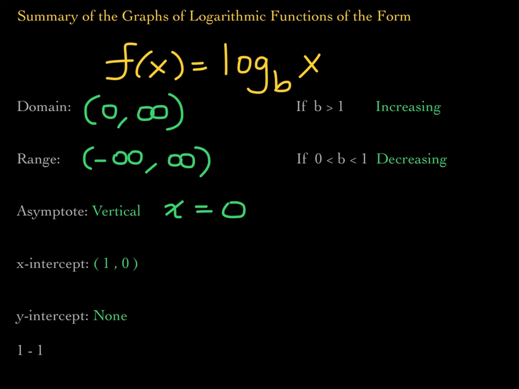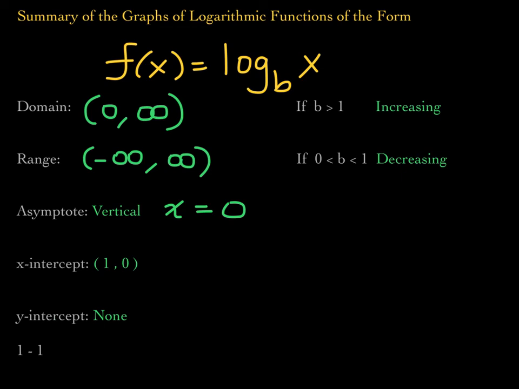And what used to be the domain is now called the range, and what used to be called the range is now called the domain. So although this is the domain for log functions, this is also the range for exponentials. This is the range for log functions, and it's the domain for exponentials.